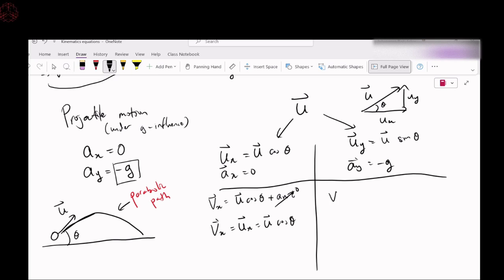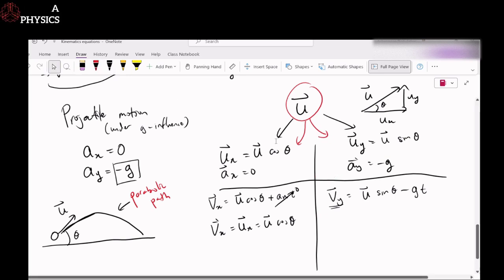Whereas my vy is equal to u sin theta minus gt. So at any time I can figure out the velocity of that ball in its y component. We'll cover this in sample problems, but whenever you see some initial velocity, I want you to immediately split it up into x and y components.